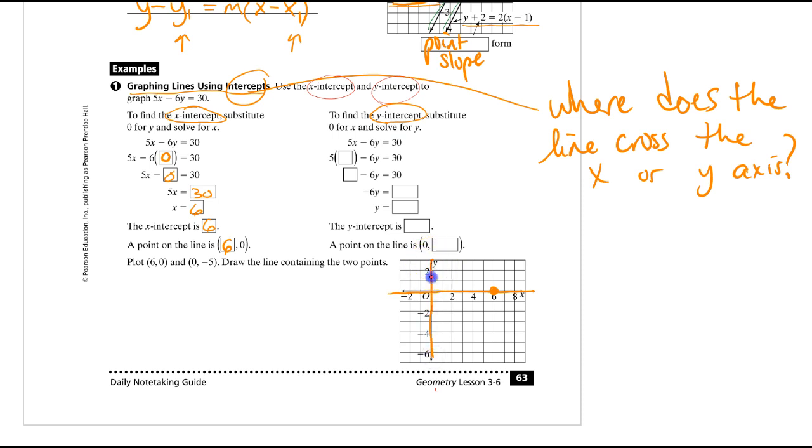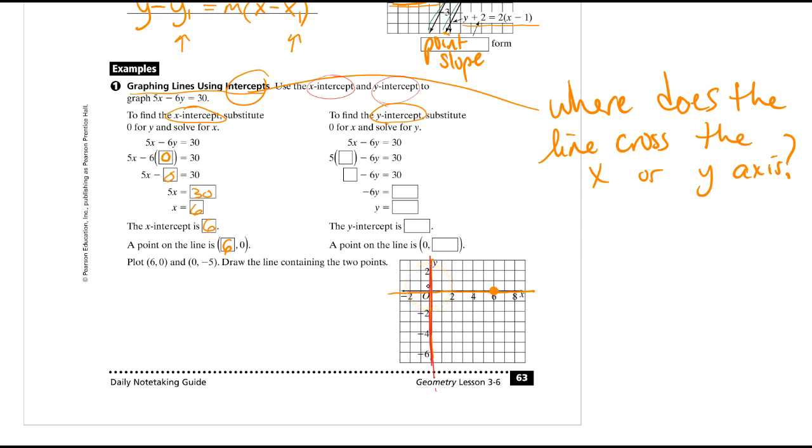The y-intercept will be somewhere along this line, but the handy thing about knowing that it's a y-intercept is that the x value is now 0. So if I slide back along this line, 6, 4, 2, 0, any of these y-intercepts will have the x coordinate of 0.